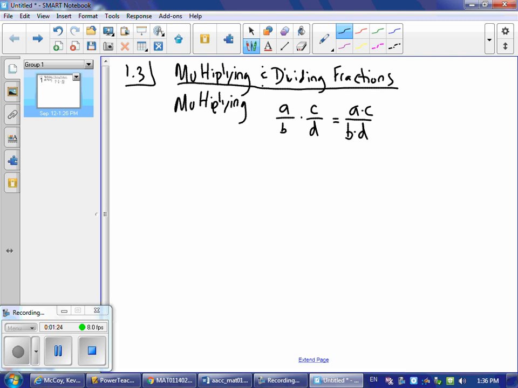So you do not need a common denominator or anything like that to multiply fractions. You simply multiply across the top, and then you multiply across the bottom.